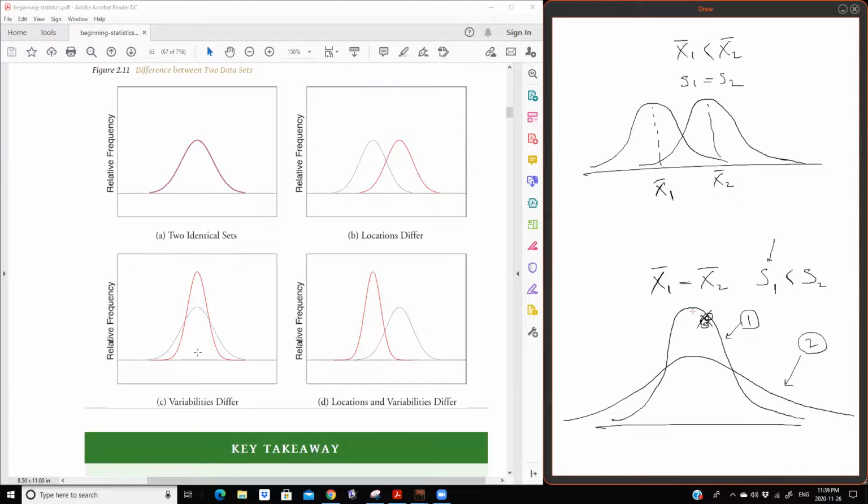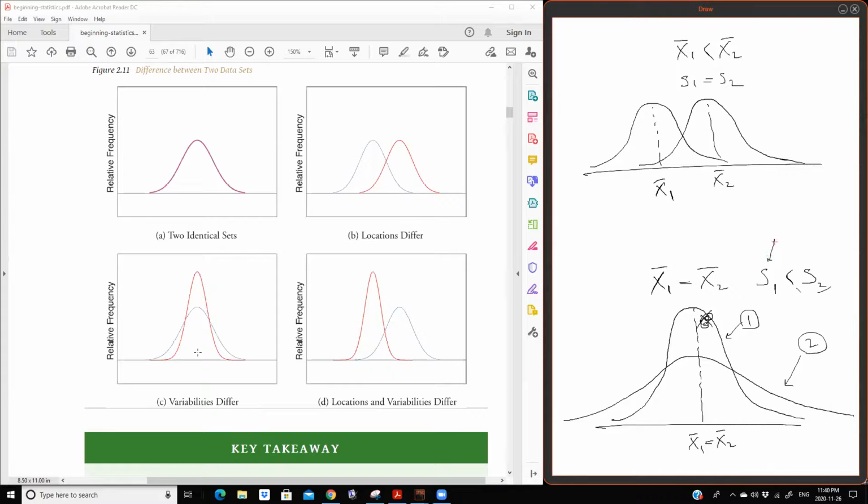They have the same mean. That means the middle of the data is the same. X1 bar is equal to x2 bar. Middle is the same. But the second population is more varied, the variance is higher. So the variance is bigger. So it's more spread out. As you can see, it's more spread out.